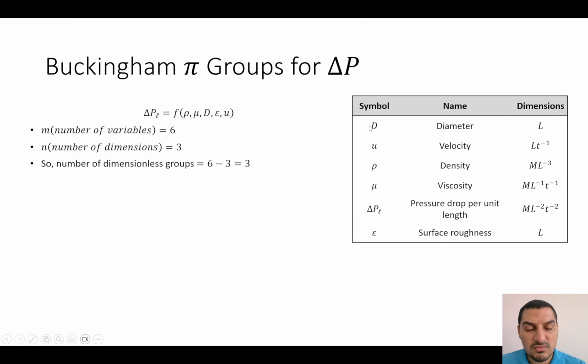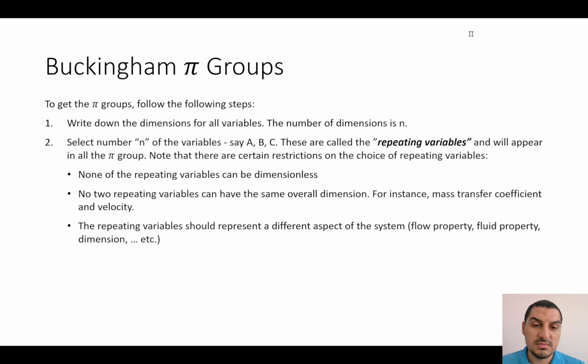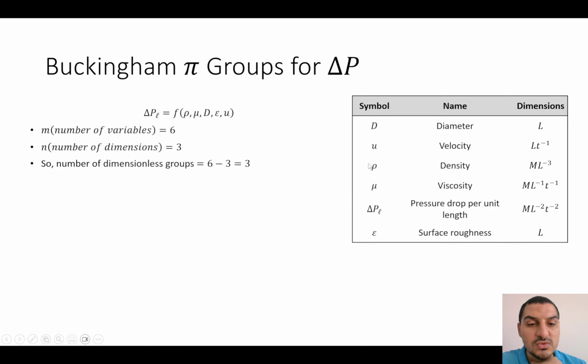The third is that the repeating variables should represent different aspects of the system. So one should represent the flow property, one should represent the flow property, and one should represent the dimension. If we look at the parameters here, we have rho and mu, which both represent fluid properties, so we cannot pick both of them.